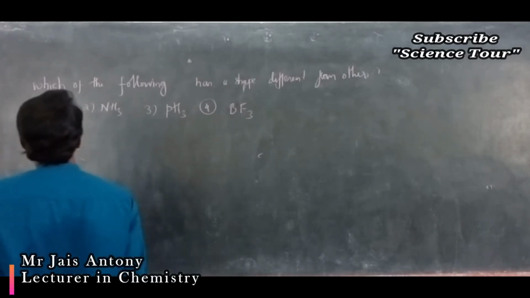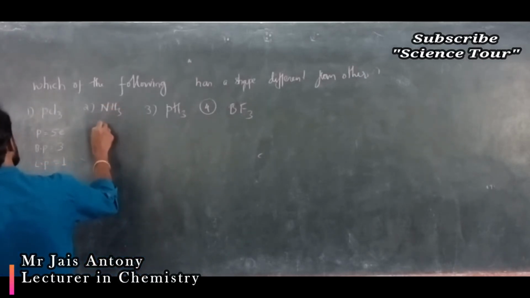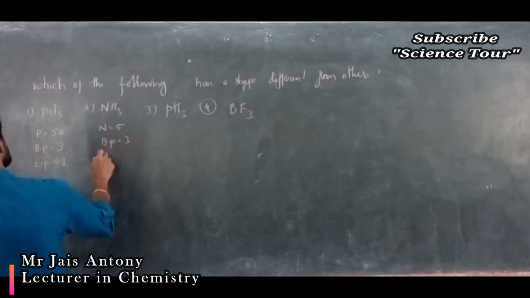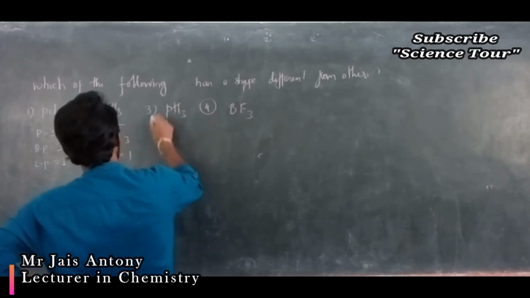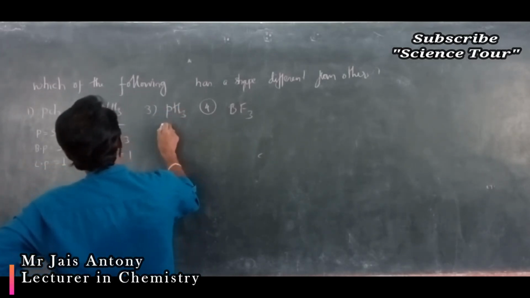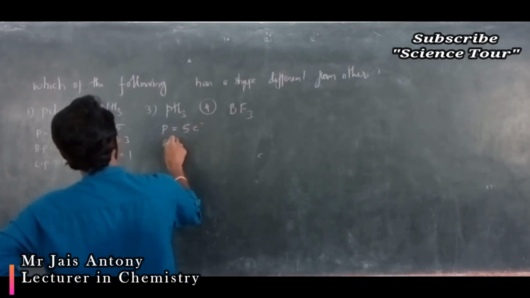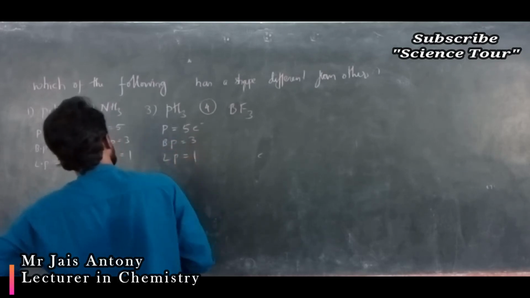Here, my dear students, in ammonia, nitrogen has 5. 3 bond pairs with the 3 hydrogens. Bond pairs are 3 and lone pair is 1. And in phosphine, phosphorus has 5 electrons, 3 bond pairs, and lone pair is 1.